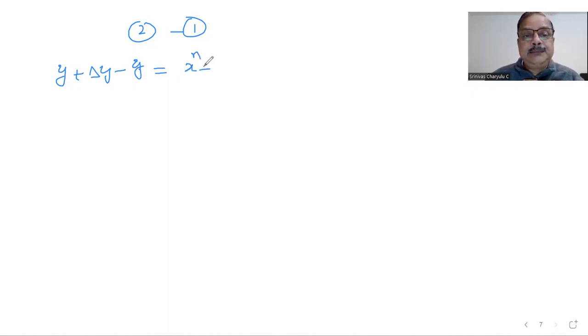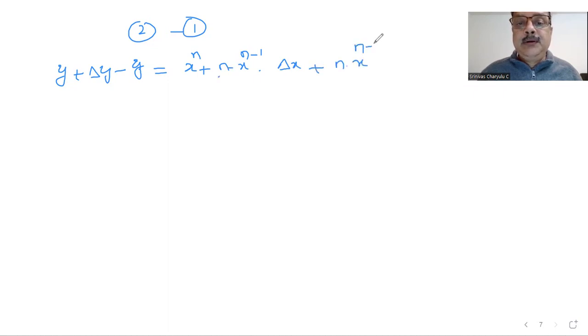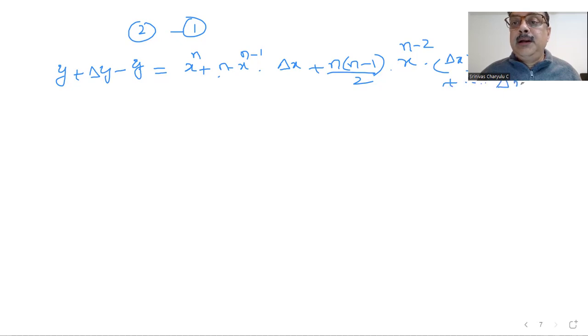So x to the power of n plus n into x to the power of n minus 1 into delta x plus, third term will be n into n minus 1 by 2 into x to the power of n minus 2 into delta x whole square, dot dot dot, delta x whole to the power of n, last term.